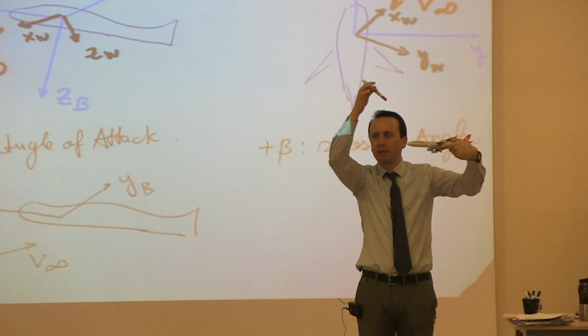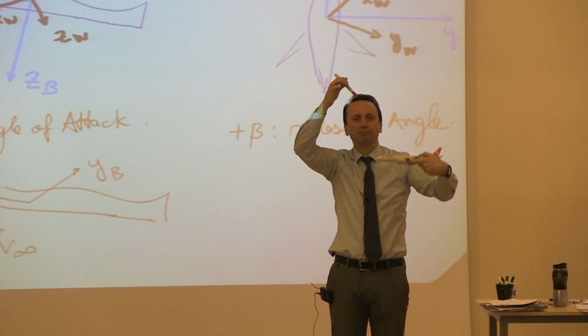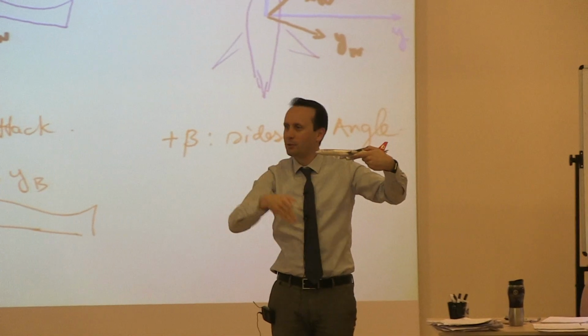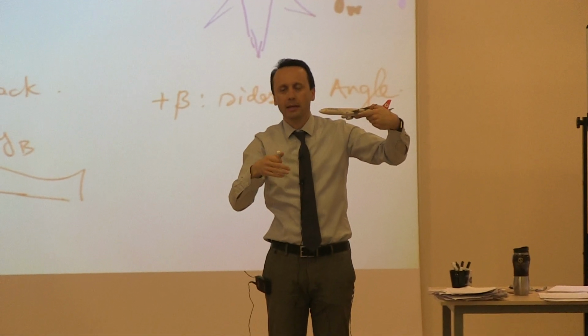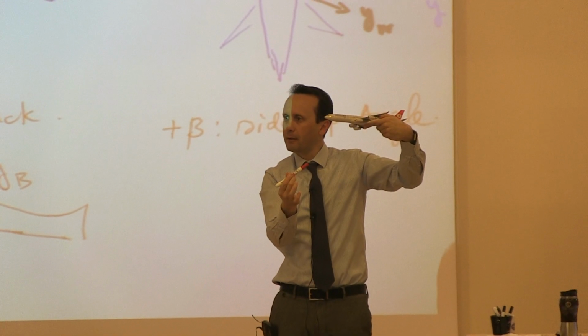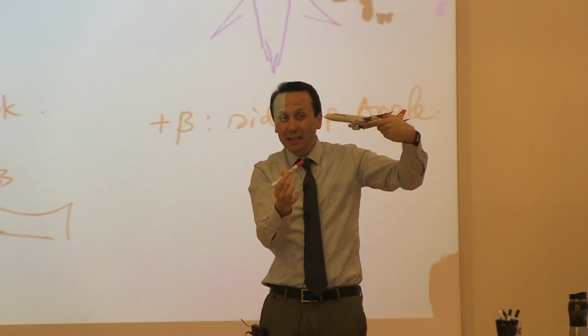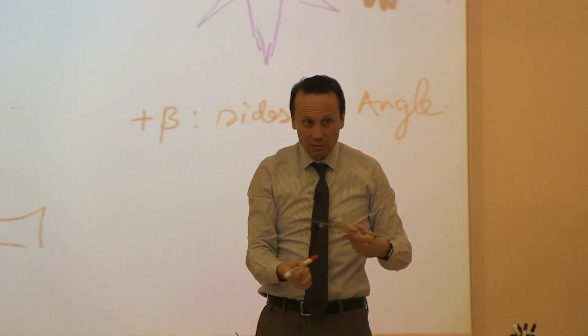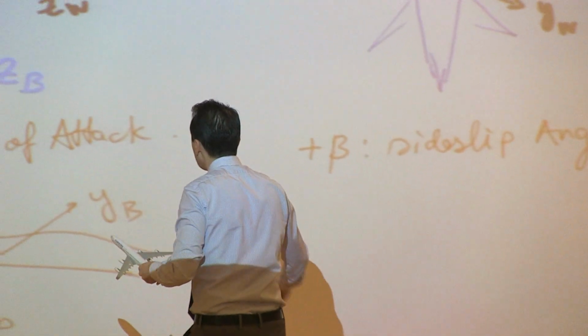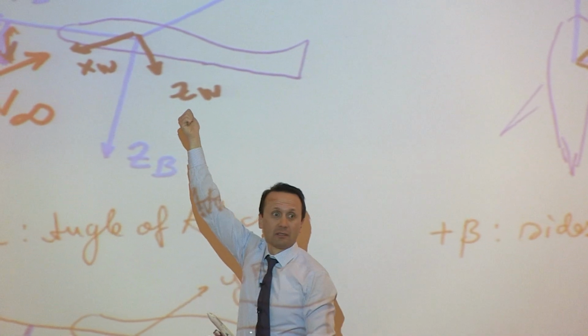A negative alpha is giving us something else, probably negative lift, I mean in the direction that we don't like, downwards, right? So from an aerodynamics point of view, we like to call this a positive alpha, which does not match our sign convention, because YB is in this direction.